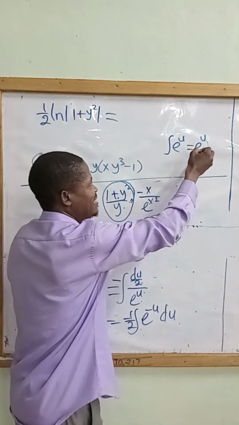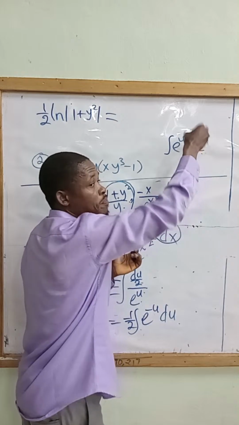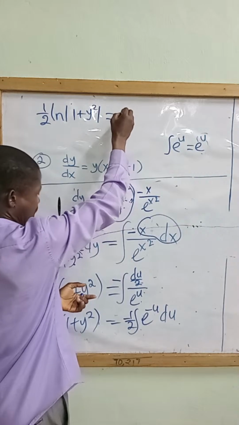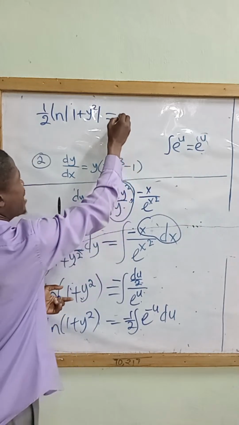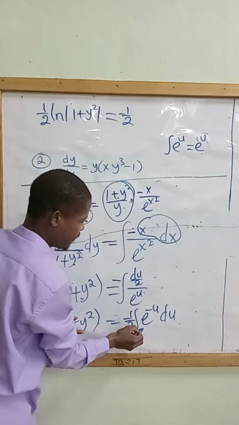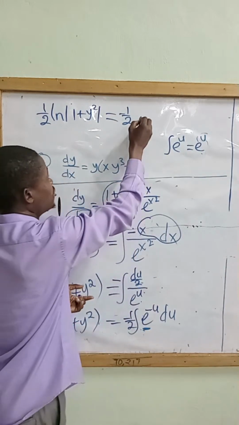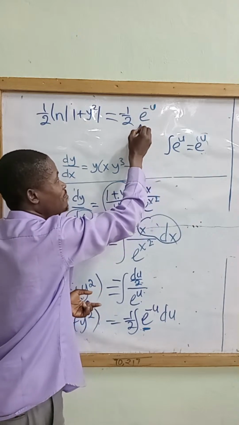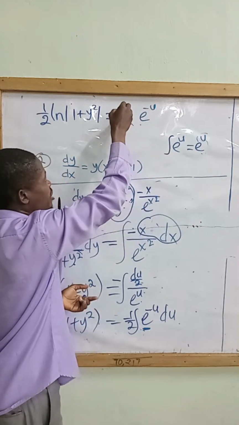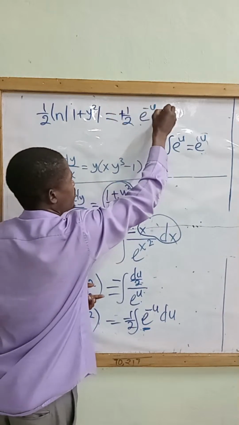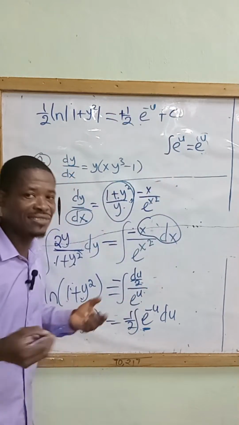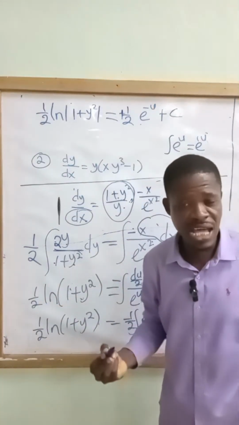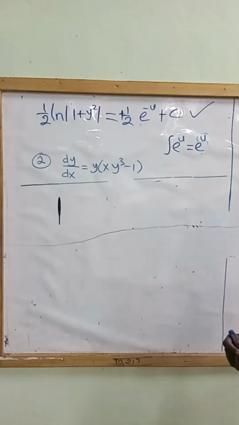You will need to divide by the derivative of that power. So in this case, it's going to be minus half the integral of e to the power minus u, which gives you that same function. Then you divide by what? By minus 1. So this becomes plus, and that's plus c. And that is the answer to this first order differential equation.